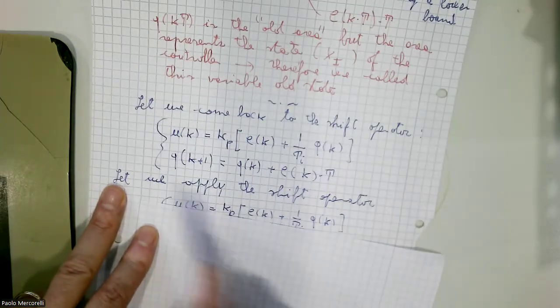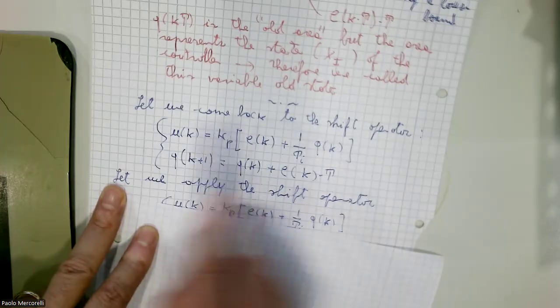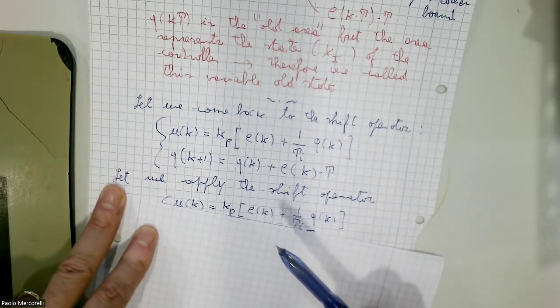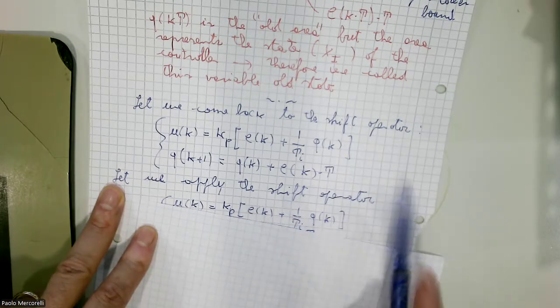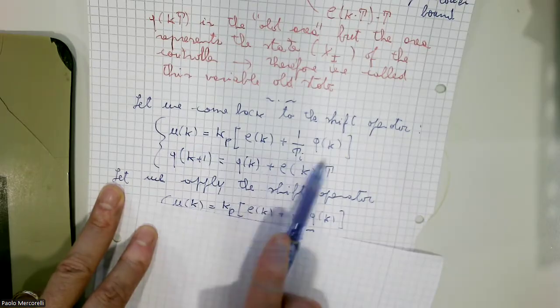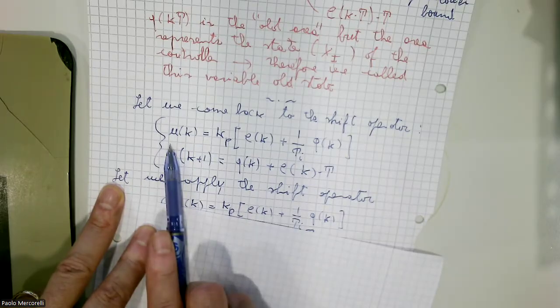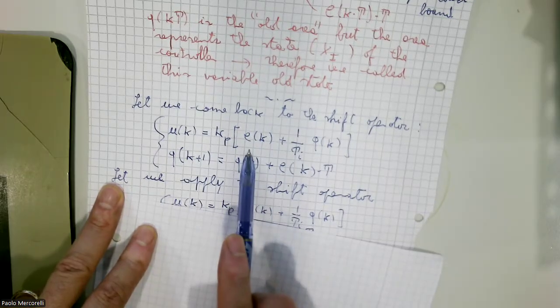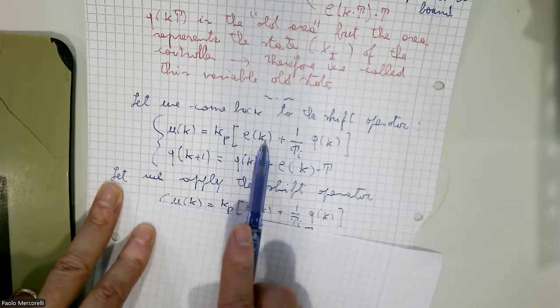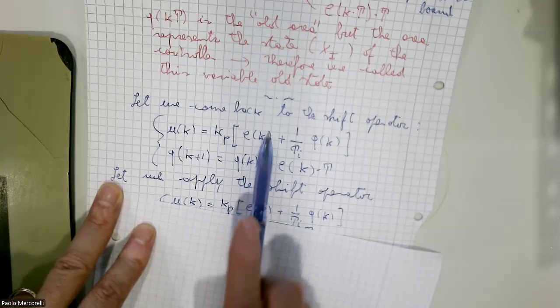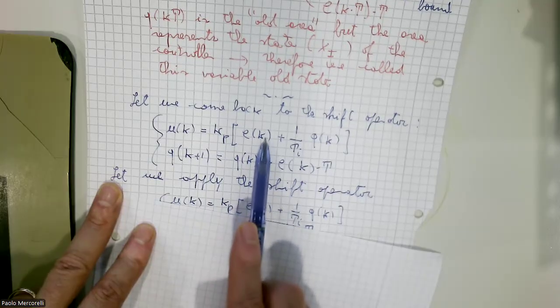I can now, using the shift, characterize my PI. Look here. This is the approximation of the P, no problems. This means Kp multiplied by the error calculated at kT.